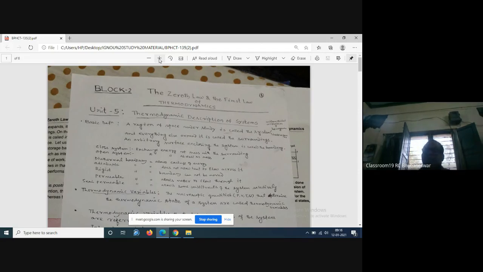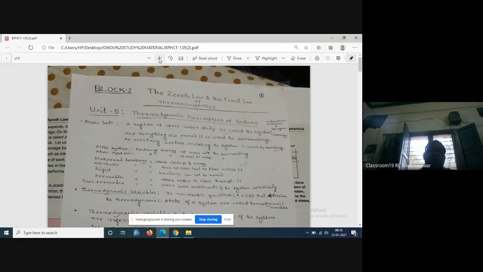Why does its temperature fall? Because it radiates energy to the surrounding. That is why its temperature falls. So this is how they exchange energy and mass with the surroundings.